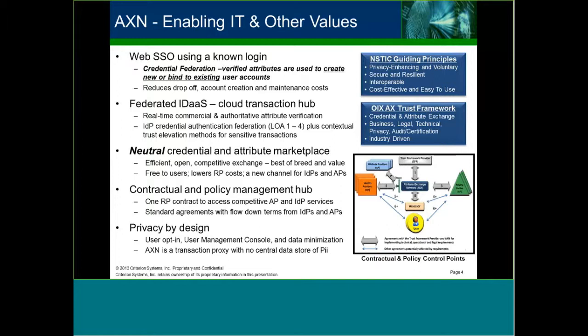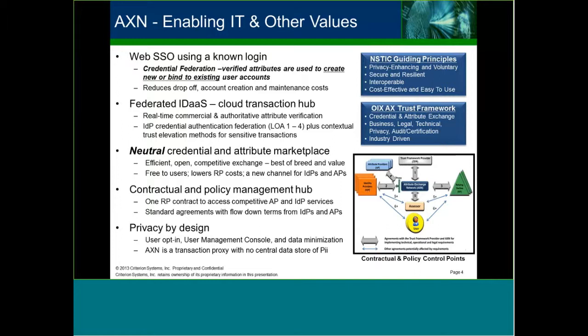It is a marketplace, so we have a variety of different competing providers who compete based on coverage. It is a contractual hub, so we drive efficiencies in the market space by enabling the customers, who are relying party services, to have one contract with the exchange and then select from a variety of different providers based on price, coverage, quality, things like that.